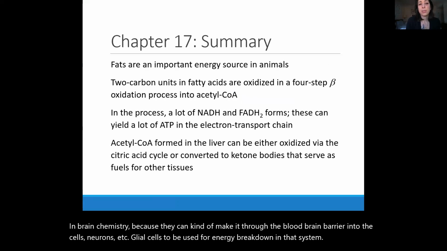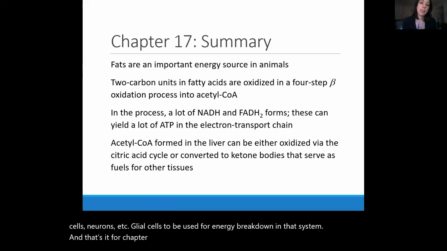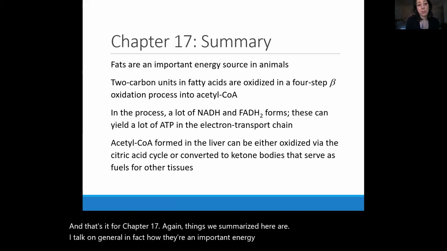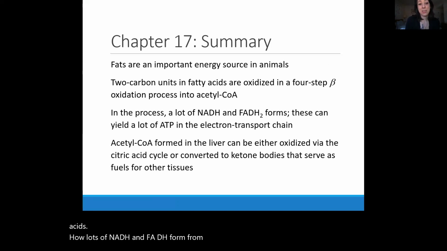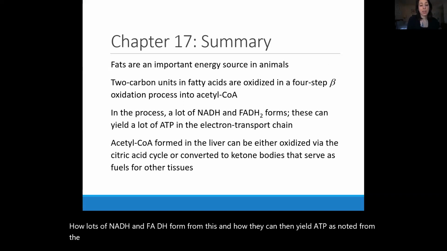And that's it for chapter 17. Again, things we summarized here are a talk on fats in general, how they're an important energy source. We talked about the process of beta oxidation, the 4 steps to make acetyl-CoA from fatty acids, how lots of NADH and FADH2 form from this, and how they can then yield ATP as noted from the electron transport chain.